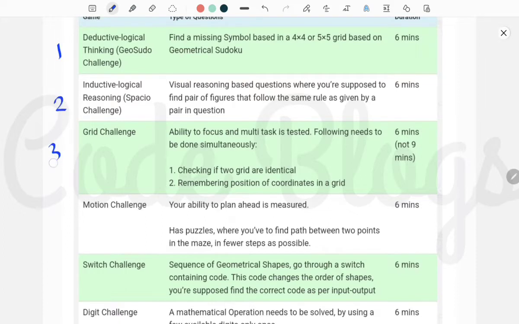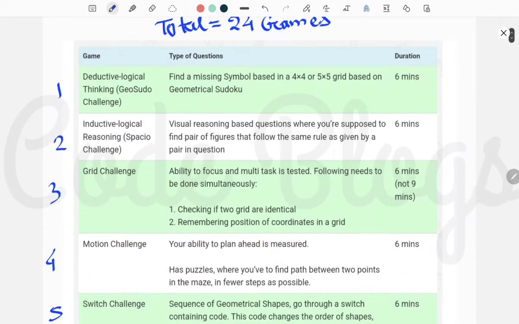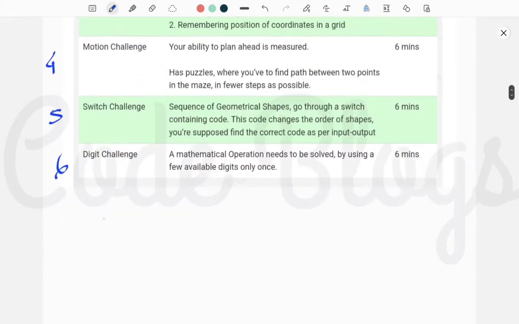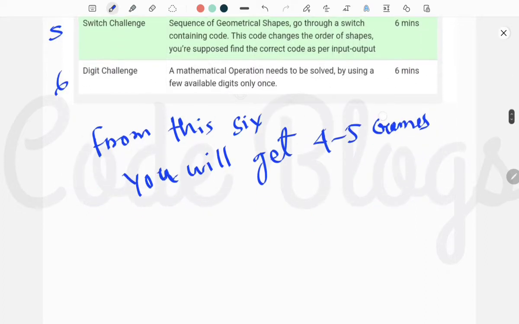I have numbered them 1, 2, 3, 4, 5 and 6. These 6 games are most important, and from these 6 you will get 4 to 5 games.